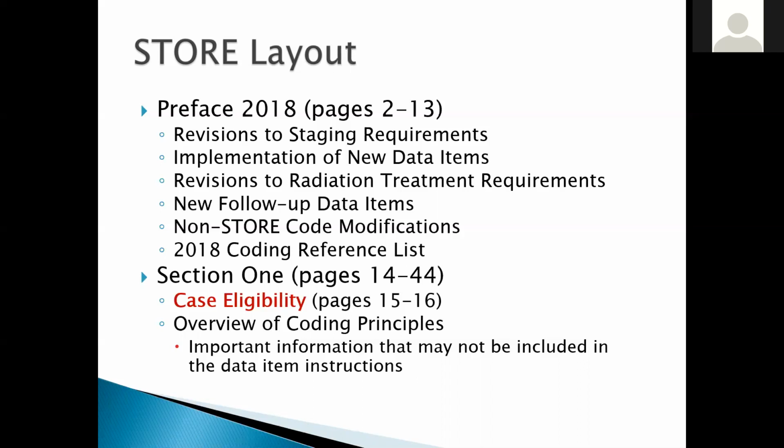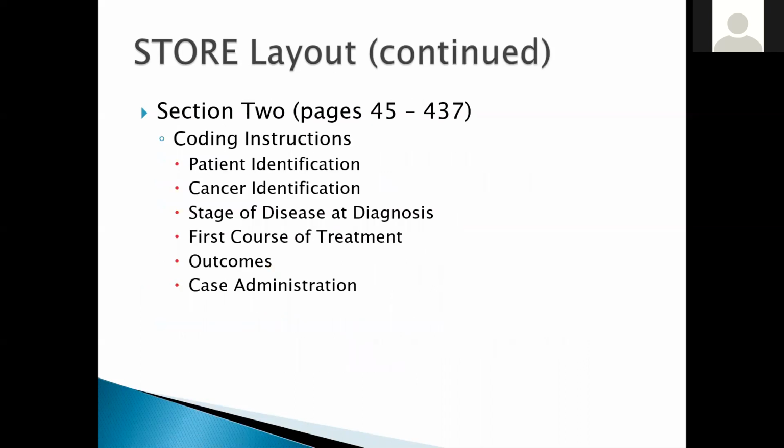Section 1 also reviews the overview of the coding principles of the store manual, which we will review in a moment. Now, Section 2 is the part of store that contains all the data items for the registrar to collect in the abstract. The data items are separated into different categories.